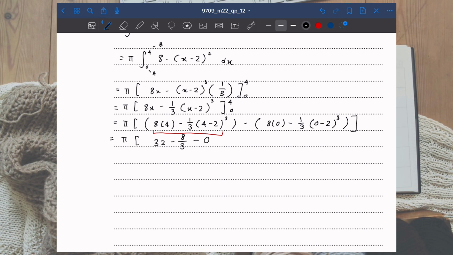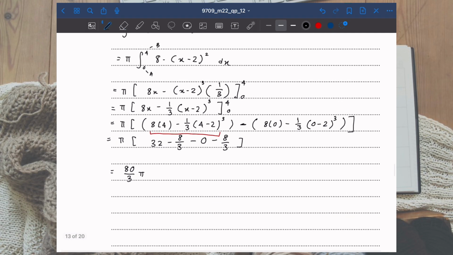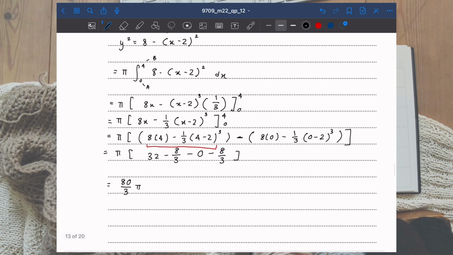Then we have (−2)³, which is −8. So −8 times −1/3 is positive 8/3, and then with the minus in front, we get negative 8/3. Simplifying each term, 32 − 8/3 − 8/3, we get 80/3 π. That is our volume of revolution for our circle.